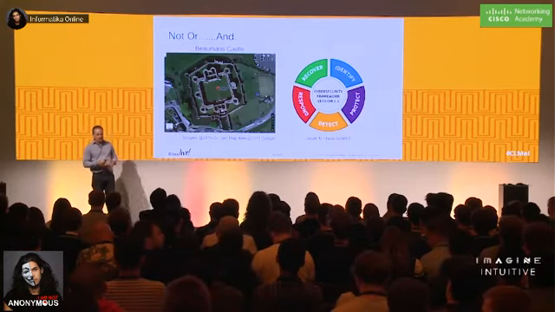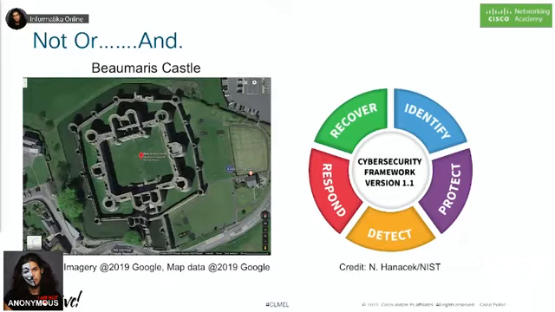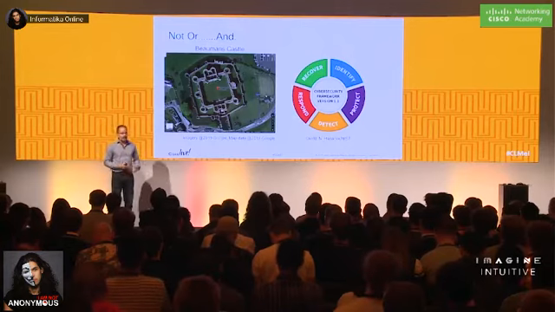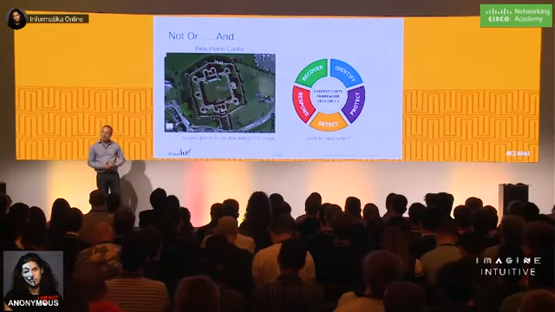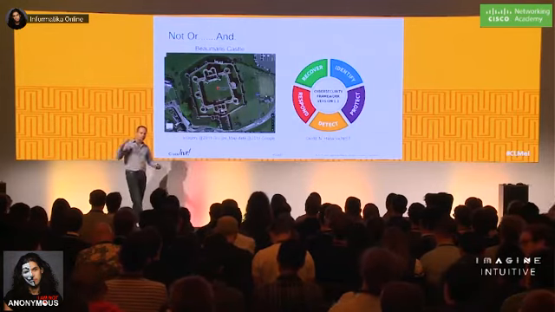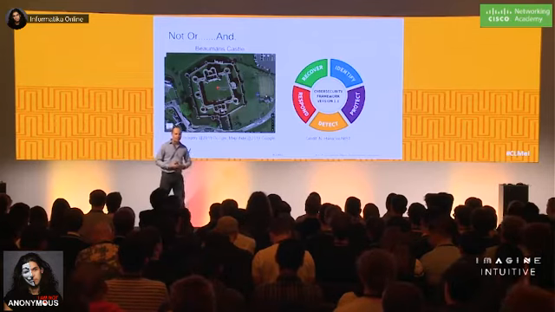But you can see we've got a moat, we've got an outer wall, then an inner wall, there's some turrets, and I assume if it wasn't in ruins, there'd be an inner keep where the gold was kept. So an attacker to get in has to do some swimming, climb over a couple of walls, and no doubt there are arrows firing down. We've all seen movies. So that's the layered approach, and that applies to the security space.